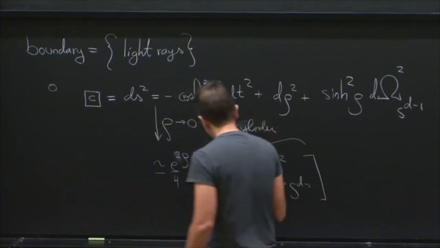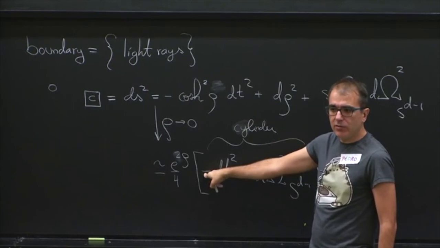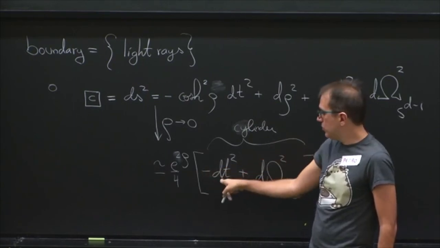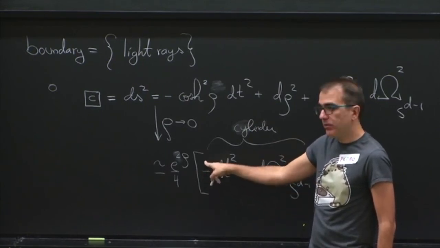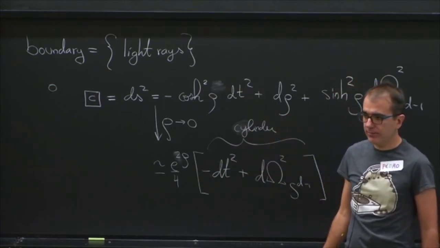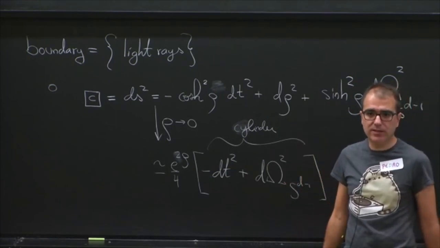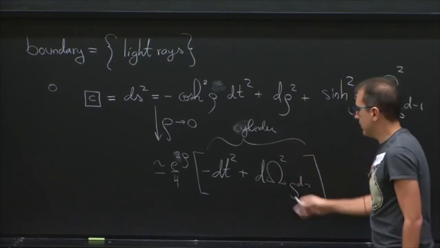Well, it's not exactly like the one we saw before because here I have an honest time. If you want to do the one we saw before, you should do t goes to i tau. Then you flip this sign, and it's exactly the one we saw so far. Right? This is really a sphere times time, honest time, not a cylinder. But okay, it's a cylinder.